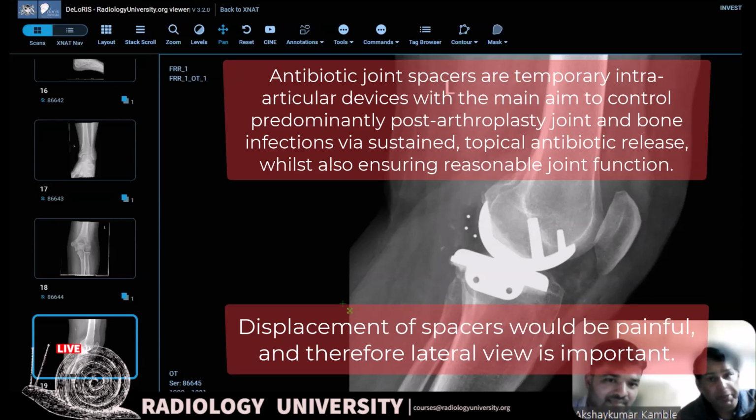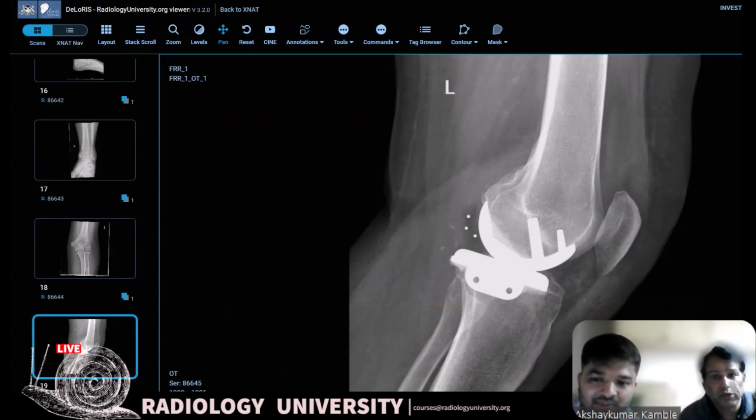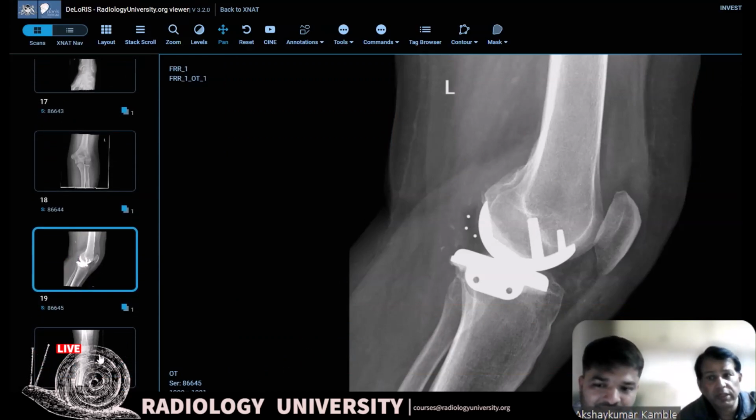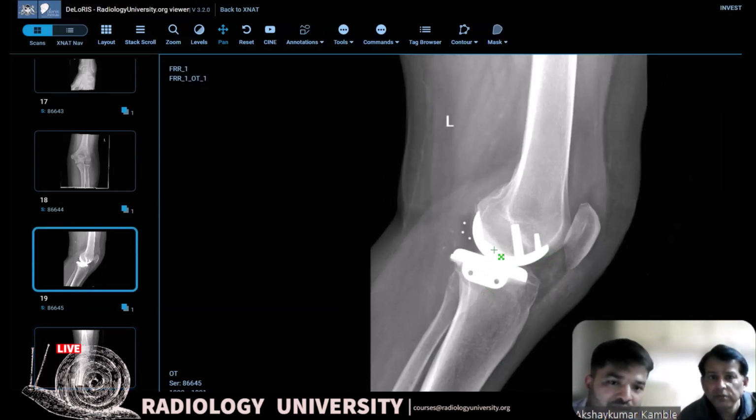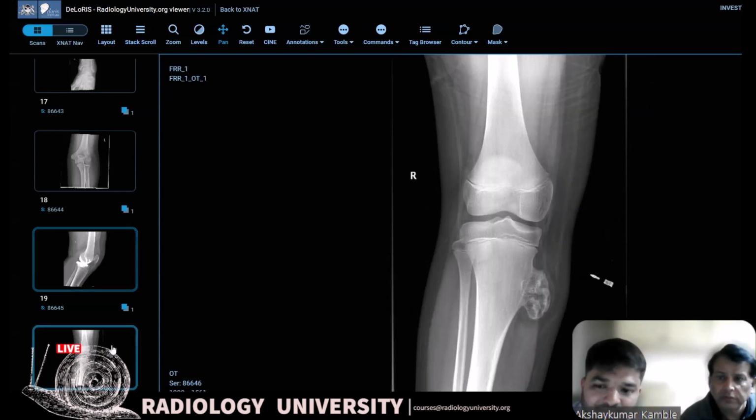Whatever you note, it's called a spacer in between the two metalwork in the knee joint. Also, this was a clue because he has undergone a total knee replacement, so that was a clue for this one, isn't it?